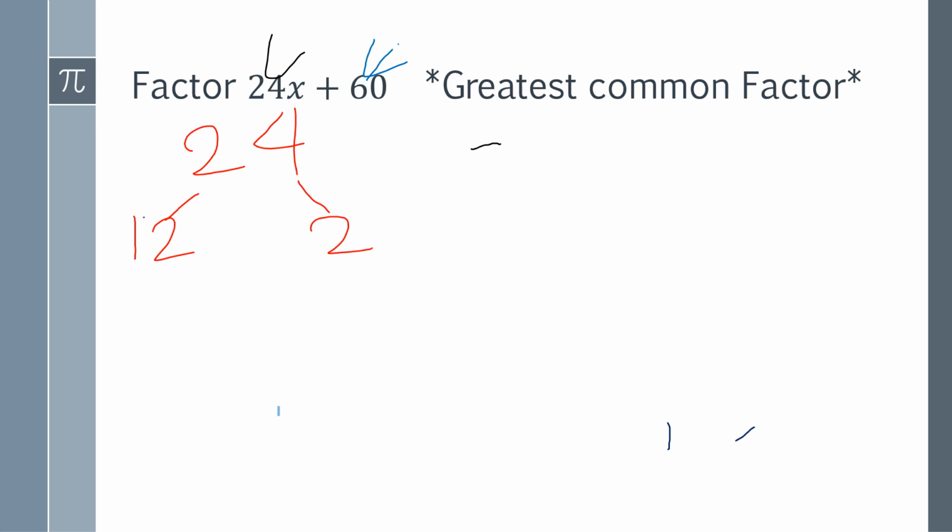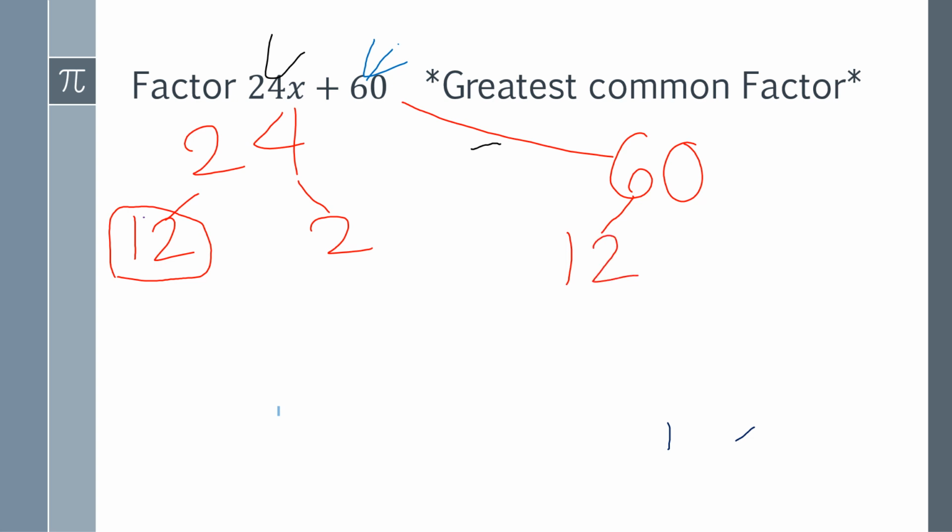And then for 60, now I'm going to use this 12 because that's what I started out with. 60 divided by 12 is 5. And I decided to just take it like that.